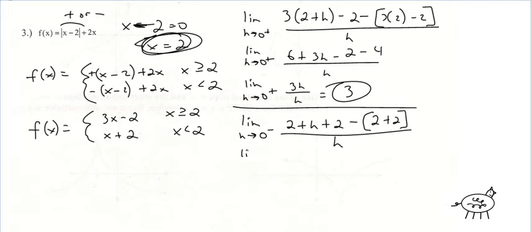So we have limit as h approaches 0 from the negative side, and that gives you 2 plus 2 is 4, 4 minus 4 is 0, so it just gives you h over h. So that gives you 1.